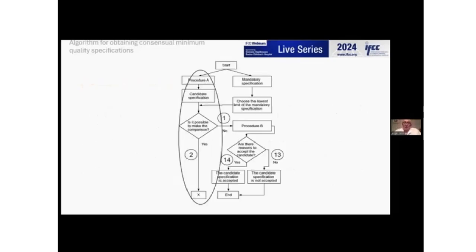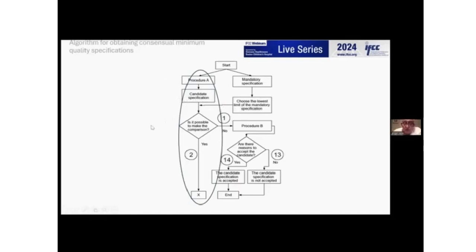We have the start, then we have procedure A, and we see if there are mandatory specifications in Germany and the United States. As I mentioned, we have the candidate specification, and here we choose the lowest one we find in the bibliography. Then we ask ourselves, is it possible to make the comparison?